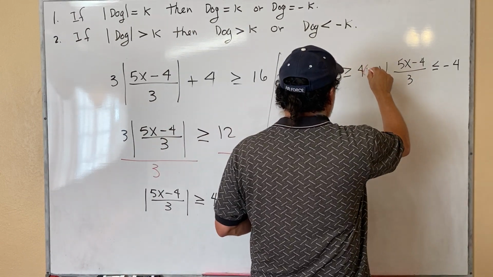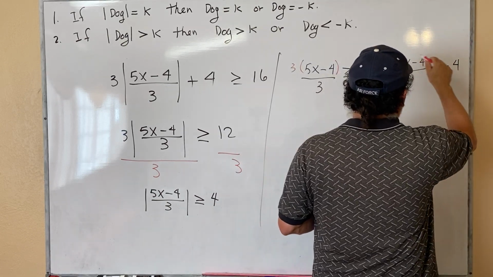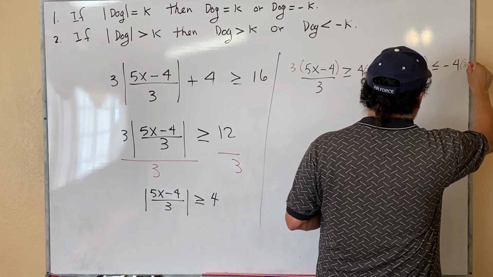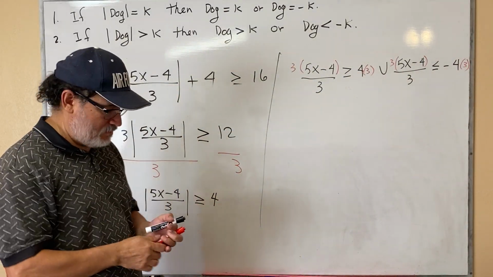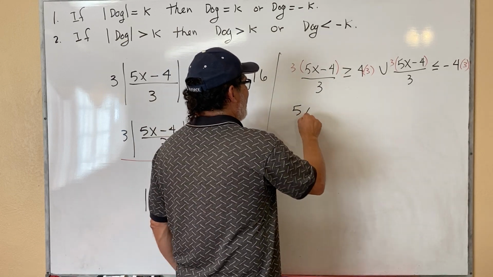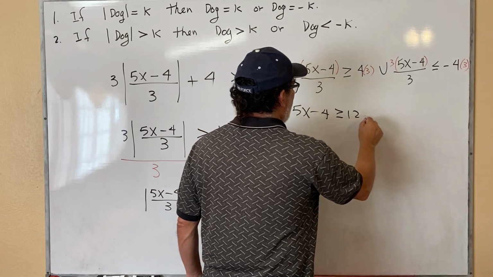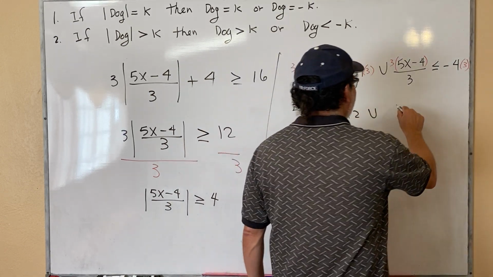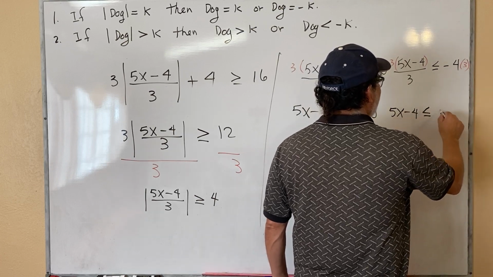Multiply this by 3. That's how you do it. The 3's cancel. What do we get? 5x minus 4 greater than or equal to 12, or 5x minus 4 less than or equal to negative 12.